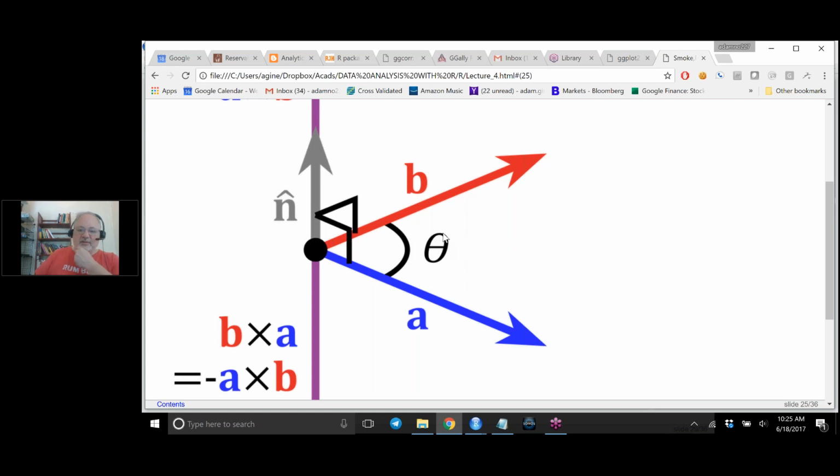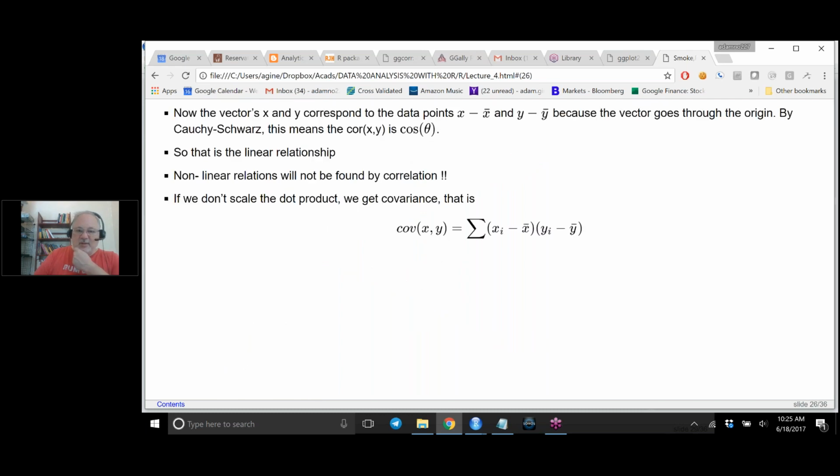There's no linear connection. So the geometry is that you subtract off x bar and y bar because you get the length by having picked the distance from an origin, and the origin is x bar and y bar. So that's why when you want to understand the correlation, you first have to subtract off the means. Okay? And so the correlation between x and y is the cosine of the angle.